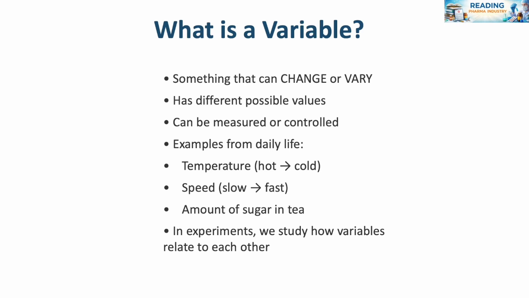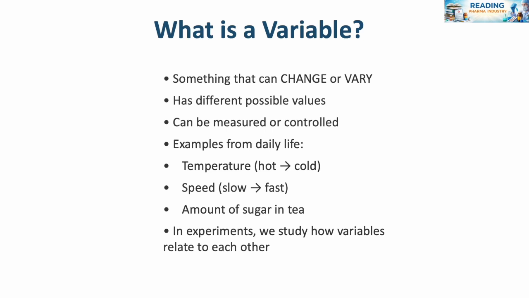A cup of tea can be hot, cold, or anywhere in between. Speed is of course a variable. A car can go slow, fast, or any speed in between. The amount of sugar you add in your tea is a variable. You might add 1 spoon, 2 spoons, and so on.